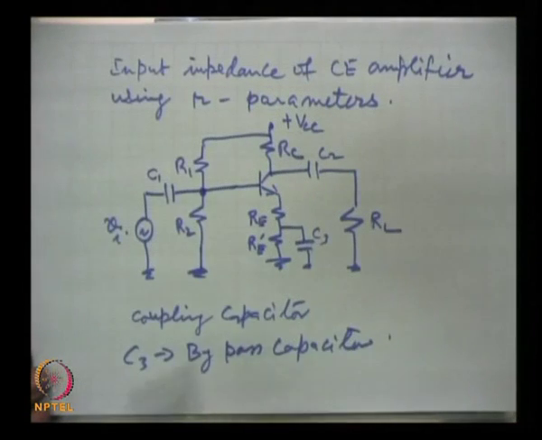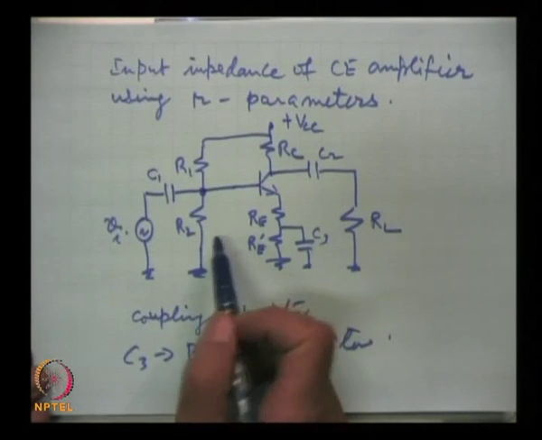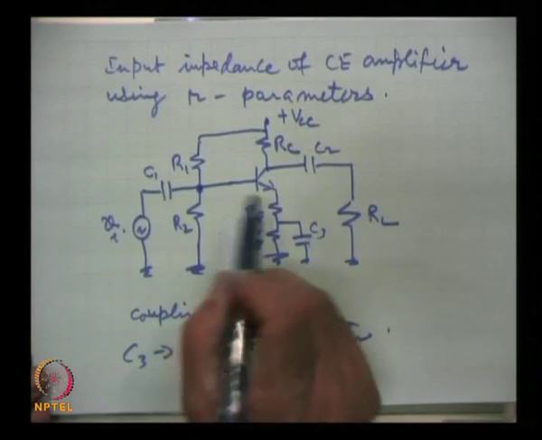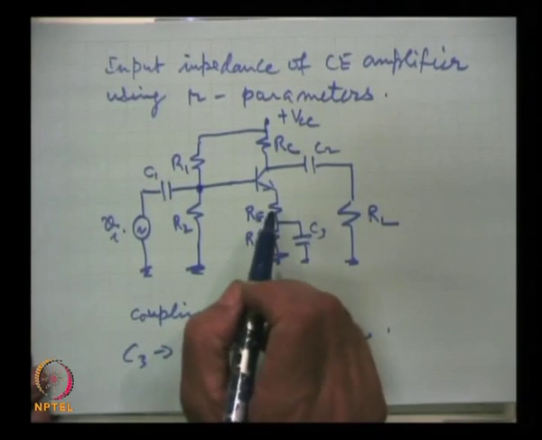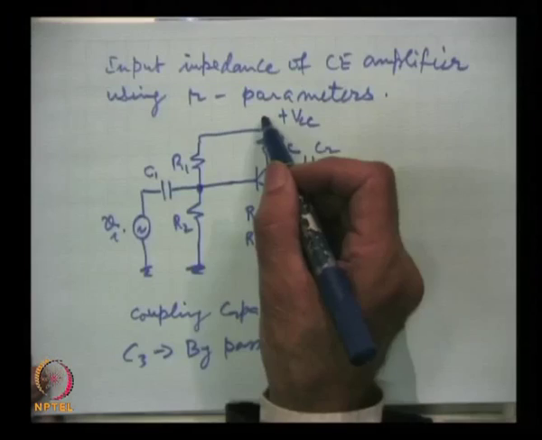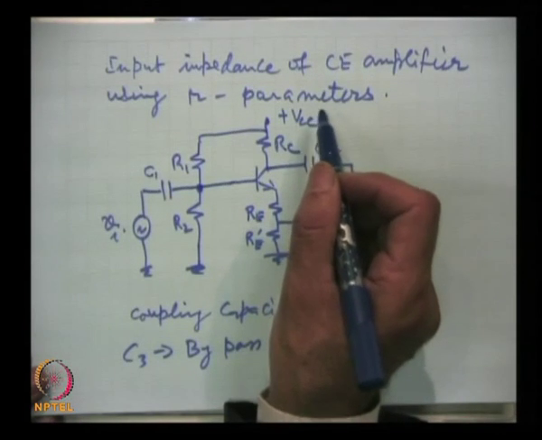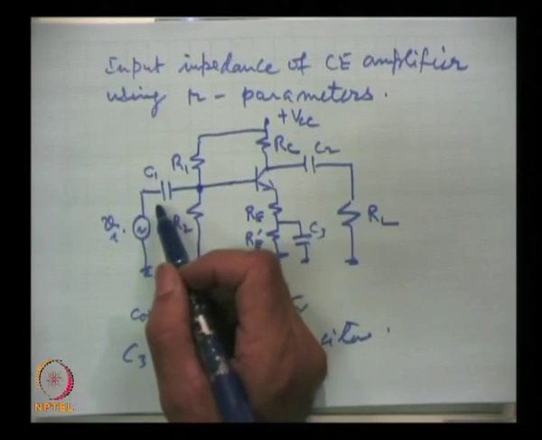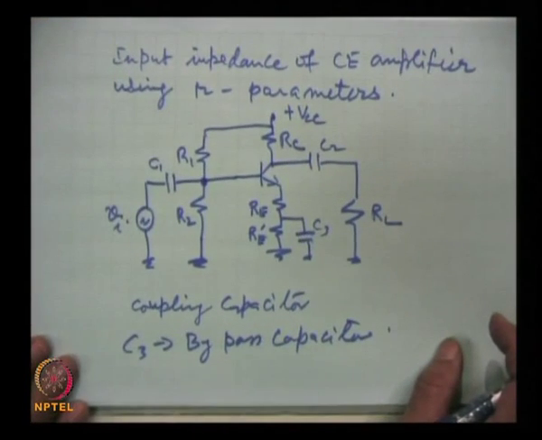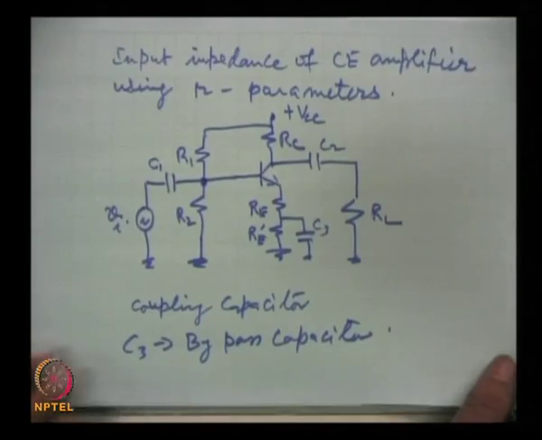Now, to find the value of effective impedance, we draw the equivalent AC circuit for this, and remember the thumb rules for the analysis, that DC source is to be grounded, the coupling capacitors and the bypass capacitors all have to be shorted. Then what remains in the circuit, the AC equivalent of this circuit will be this.